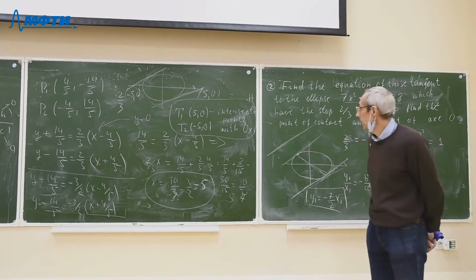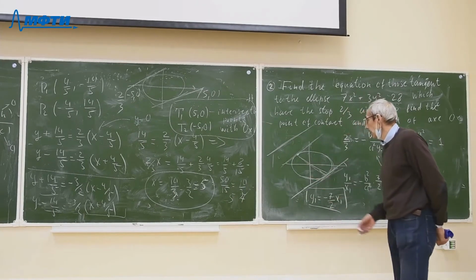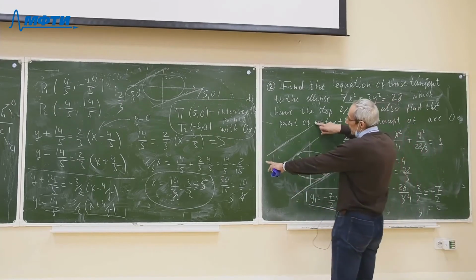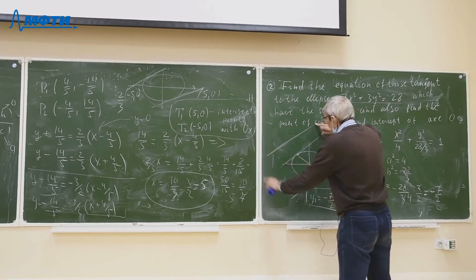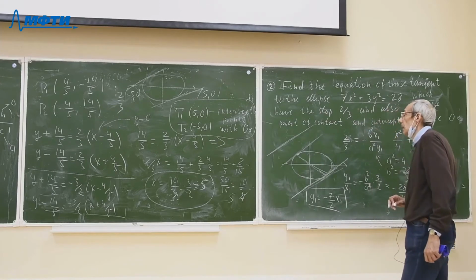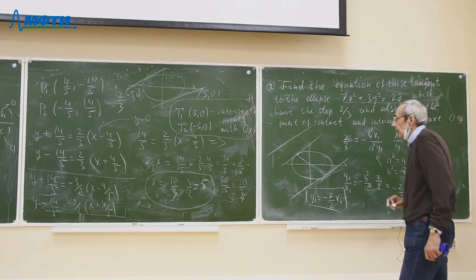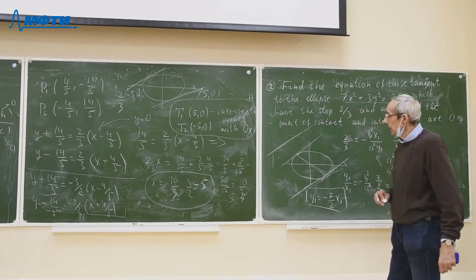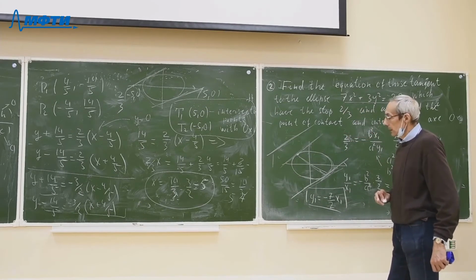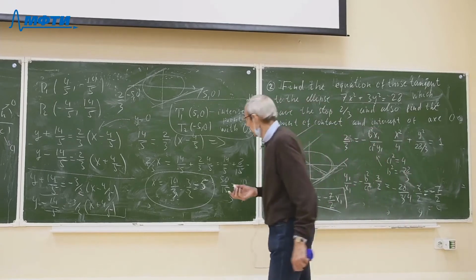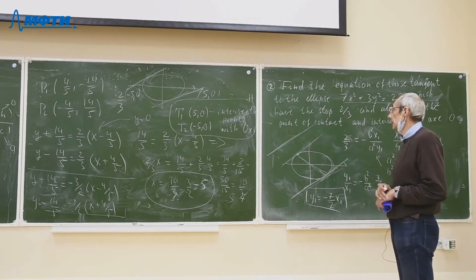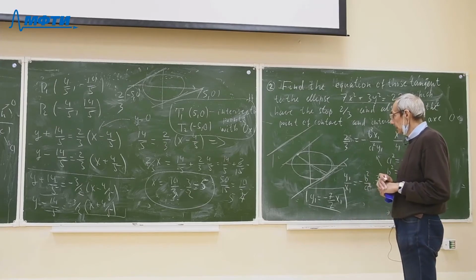We have 2 points, and this drawing illustrates this fact. If we fix the slope of the tangent, we have exactly 2 points in which this straight line has the given slope.